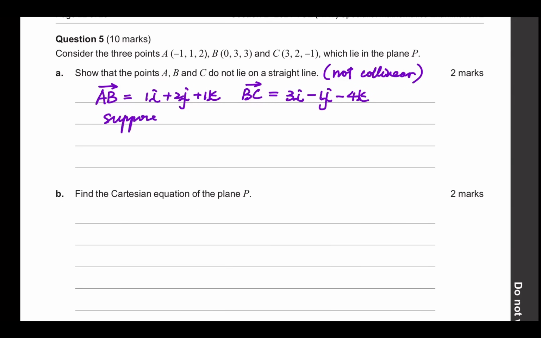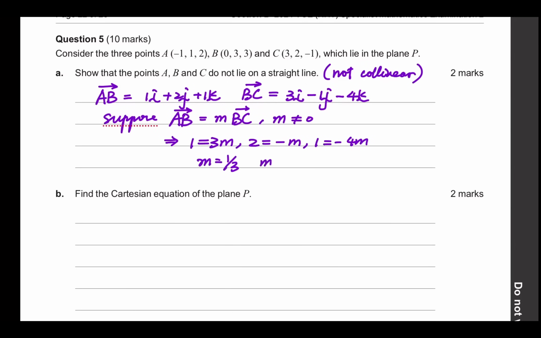Suppose AB is a multiple of BC for linearity. Then you will get 1 equals 3m, 2 equals minus m, and 1 equals minus 4m. m equals 1/3, m equals minus 2, m equals minus 1/4.